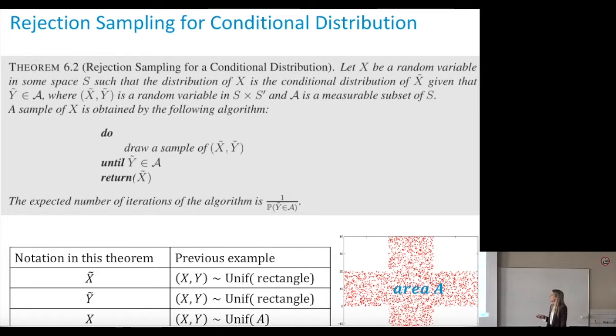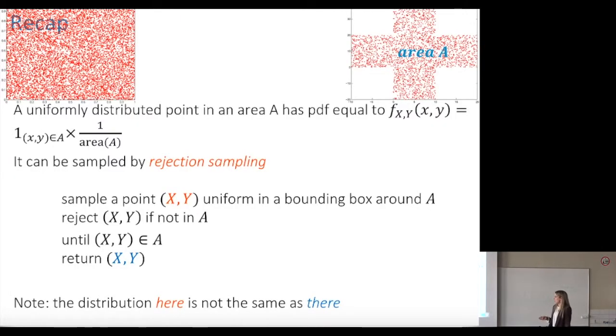We'll see it also now. So what we did before is we sample a point x comma y uniformly in the rectangle, which is a bounding box around the area A, from where we want to obtain a random sample uniformly. So we first have a bounding box around the area A, and we sample uniformly in this bounding box a point. And then we check if this point belongs in the area A. If yes, we return it.